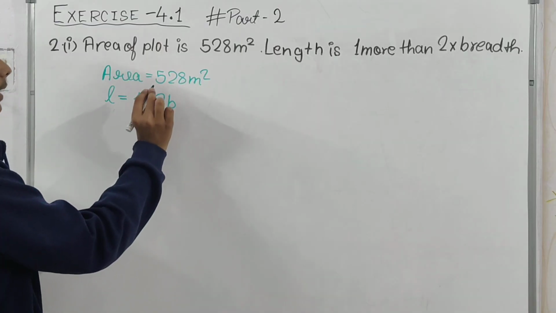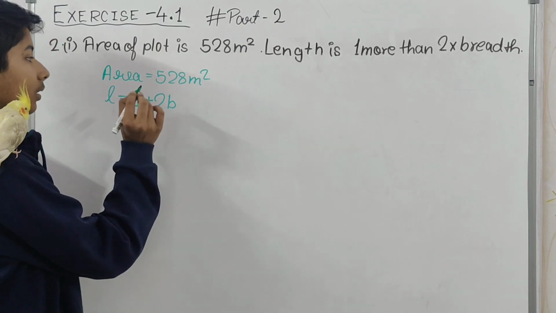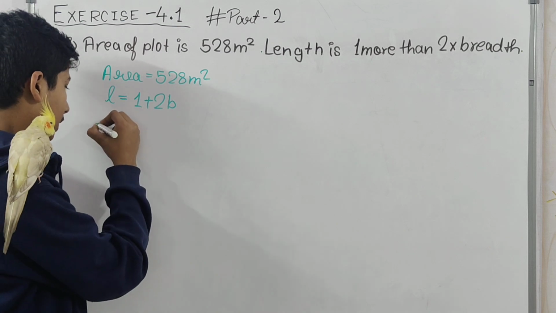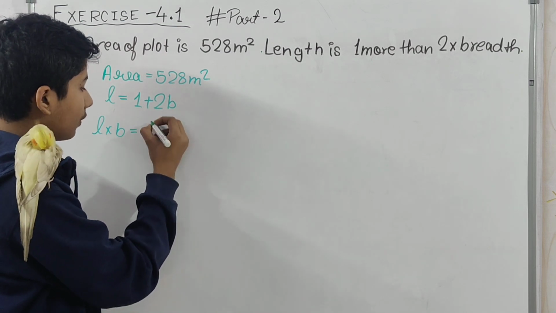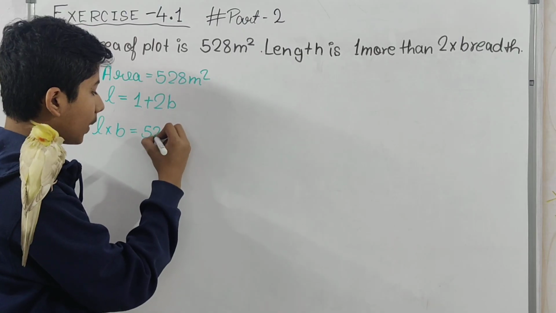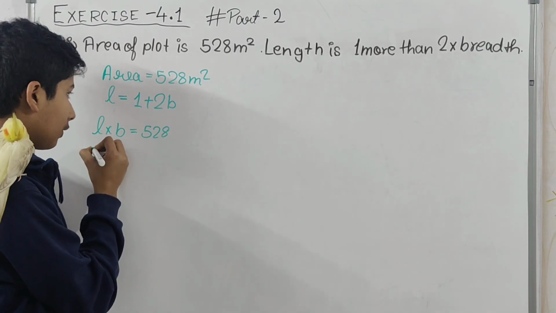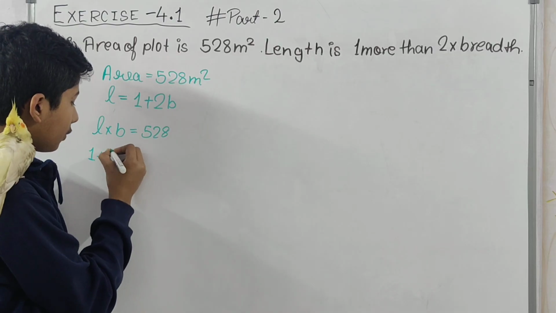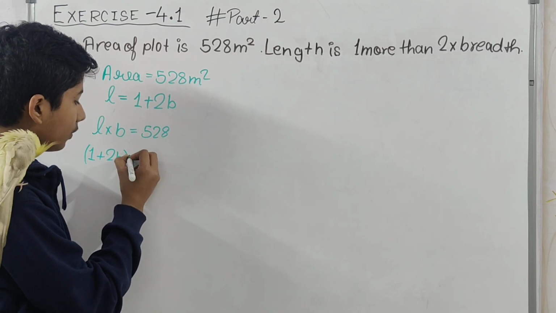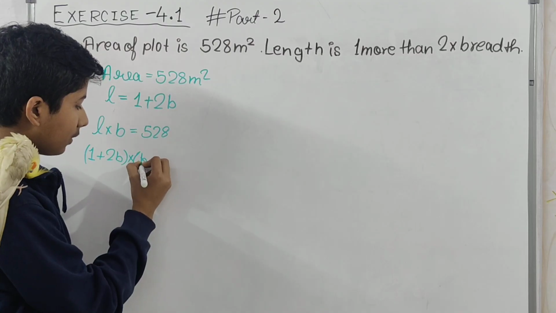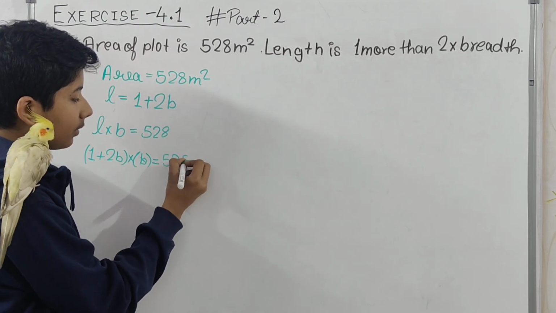Now, to solve this, we will just put the values. The area equal to length into breadth, which will be equal to 528. Now, the value of length is here 1 plus 2b into b equals 528.